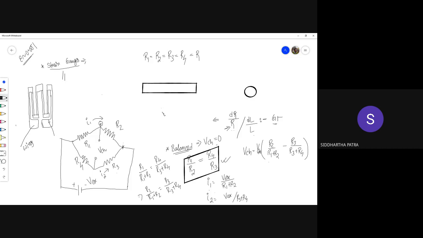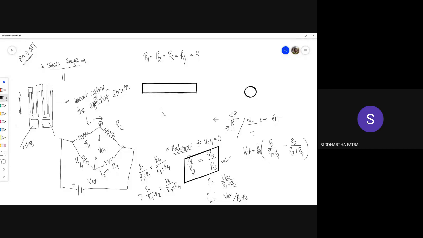So one thing is essentially that in this direction it doesn't capture the effect of strain.